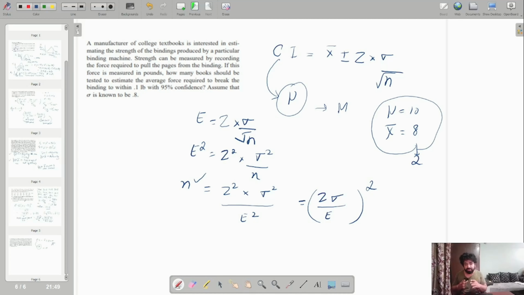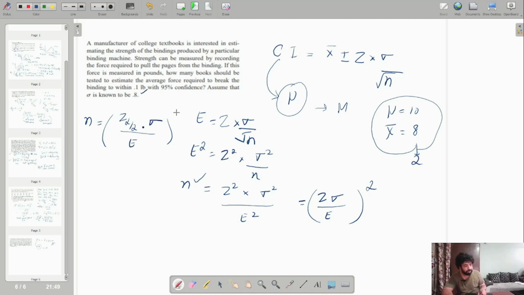In this problem also we have to use this idea and arrive at the solution. So what I can write is, in this case my n, which is the number of books, will be equal to the corresponding value of Z at alpha by 2, because I have been given a 95% confidence interval, times the population standard deviation, divided by the margin of error, which is 0.1 in this case.